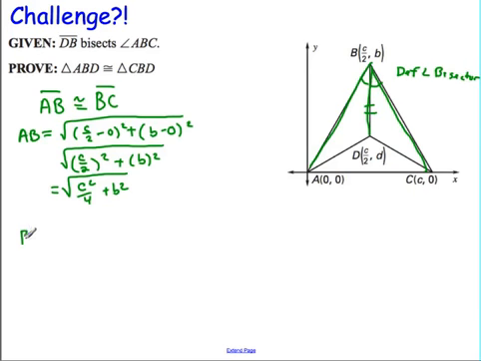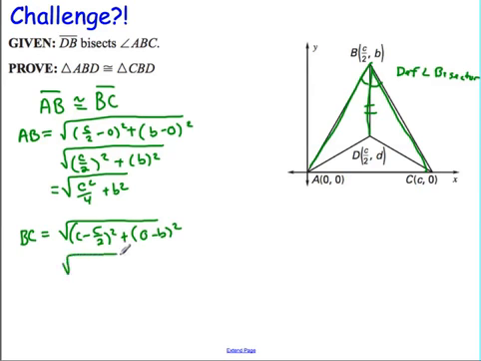Next, I'm going to try to find the distance of BC. This should be fairly similar because B and C are pretty similar coordinates here. So to find the length of BC, I'll just take C minus C over 2. That might be a little more complicated. I'll square that, and I'll add to that 0 minus B, and I'll square that.